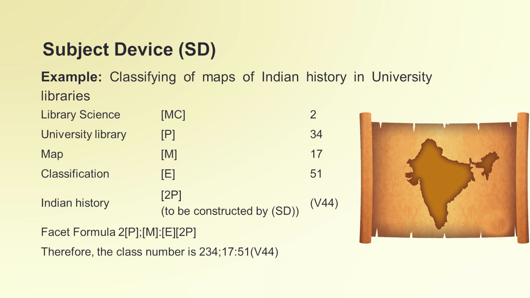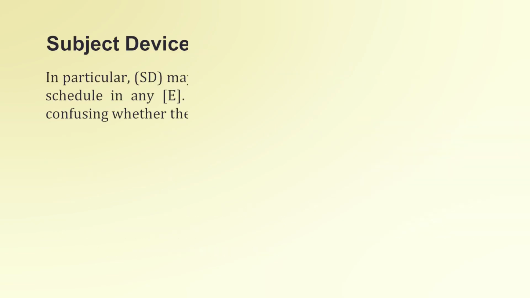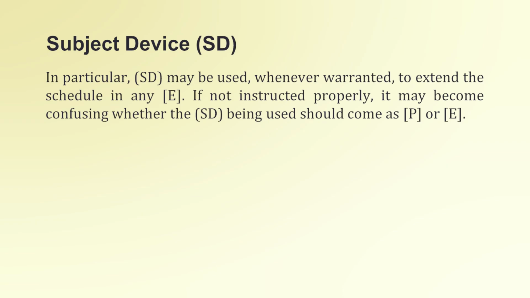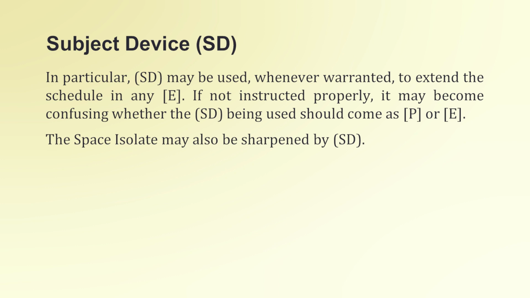So, Indian history is V44 and it will be enclosed within circular brackets. In particular, subject device may be used whenever warranted to extend the schedule in any energy facet. If not instructed properly, it may become confusing whether the subject device being used should come as personality or energy facet or not. The space isolate may also be sharpened by subject device.